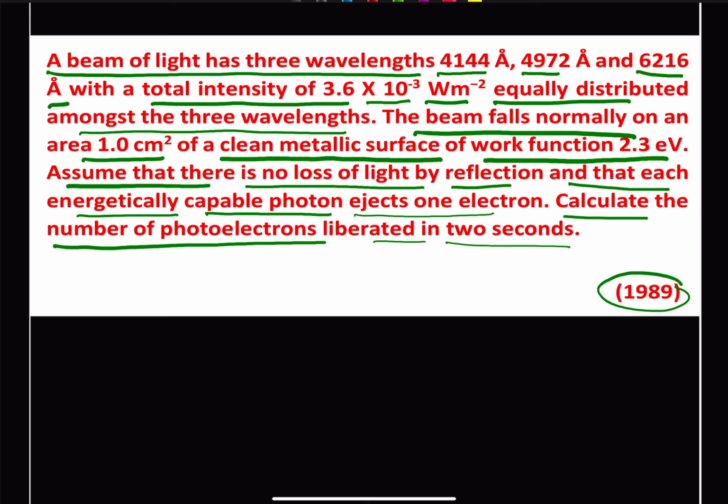So we are having three wavelengths and the total intensity is equally distributed among all these three wavelengths. And we are supposed to find out the electrons, or basically we are going to first of all find out the energy of the photon, and based on this we are going to find out which effective wavelength will be able to emit the photoelectrons.